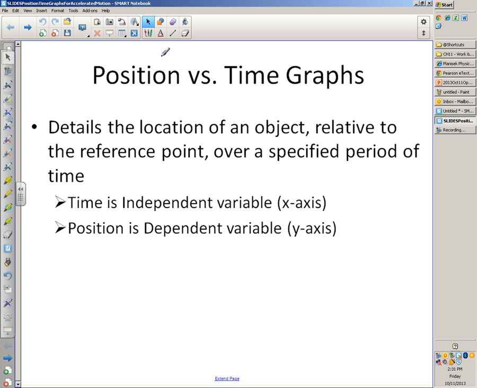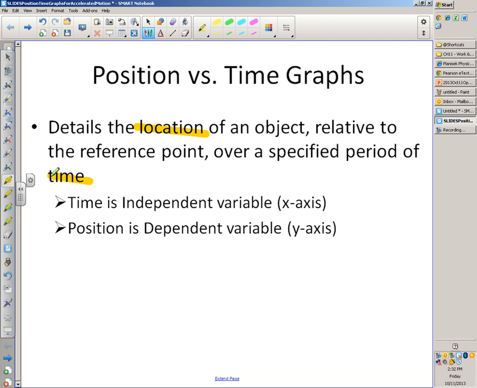Okay? Last unit, we talked about position versus time graphs. And we talked about the sort of obvious answer that position versus time graphs tell us 2 things. What do they tell us? Time and position, right? So it tells us where and when.